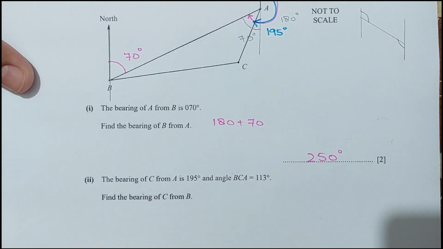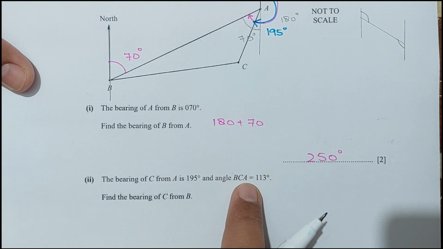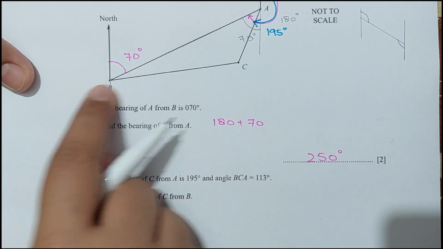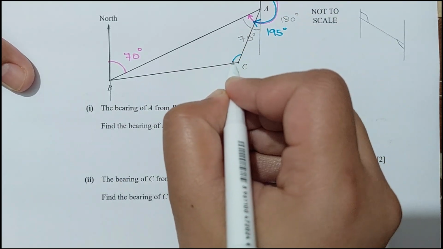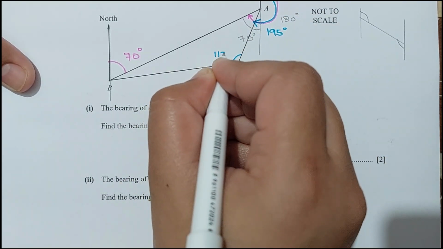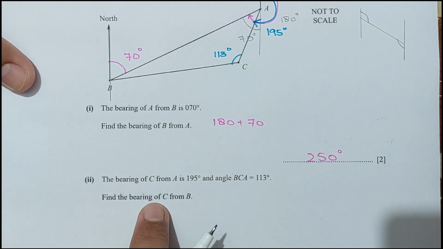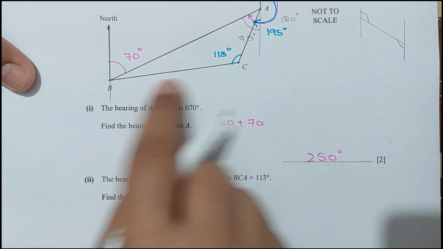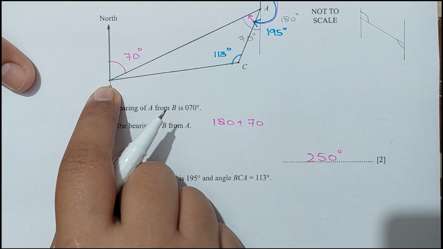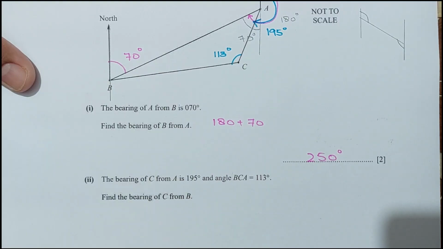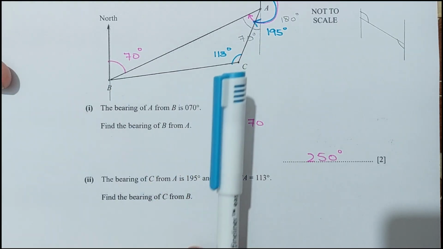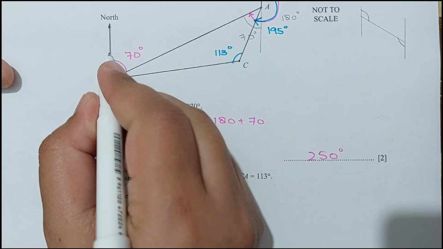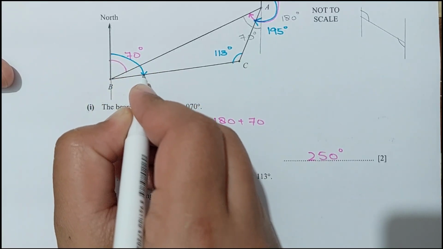The angle BAC, this angle, is 113. Find the bearing of C from B. So the bearing of C from B, from the north line of B till C, this would be the bearing.